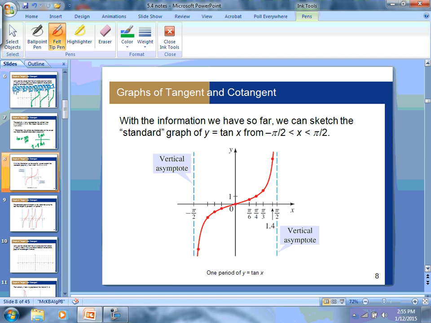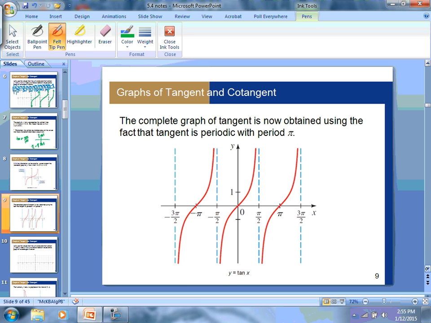So here's a much nicer graph of the tangent function. That's basically what it looks like. Okay, again, notice they have their vertical asymptotes drawn in with these little dashed lines, so you're going to do that on your graphs as well. And then here's a picture where they're repeating. They've made 3 periods of it. And notice that the period is pi. To go from negative pi over 2 to pi over 2, that's a distance of pi.